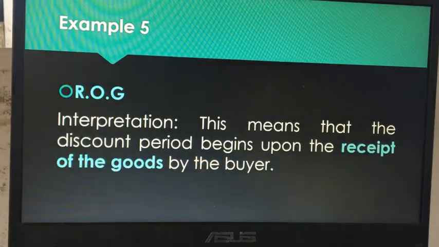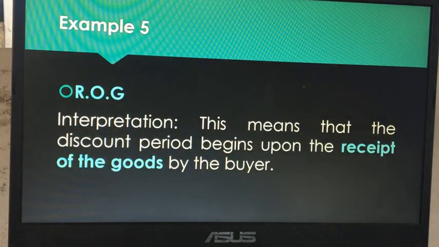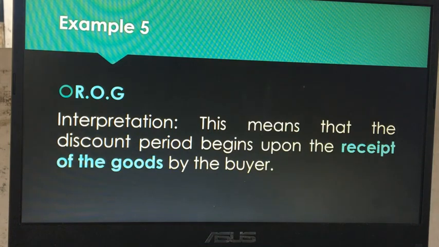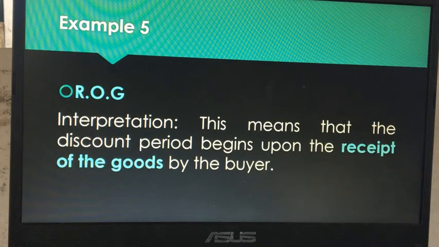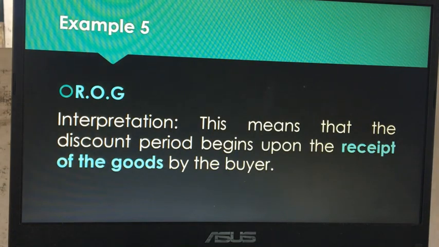Let's try example number 5. What if you encounter ROG as a payment term? What does it mean? ROG here means receipt of the goods. If you encounter ROG as your payment term, this means that the discount period begins upon the receipt of the goods by the buyer.